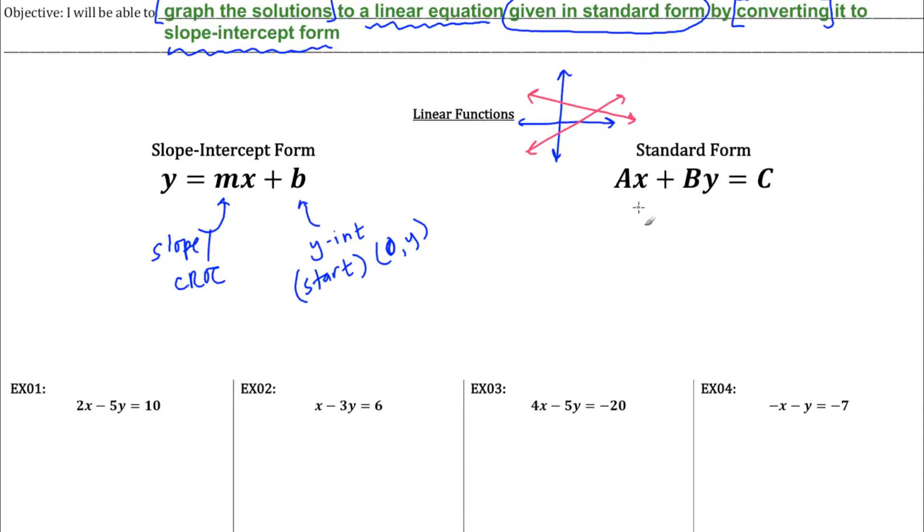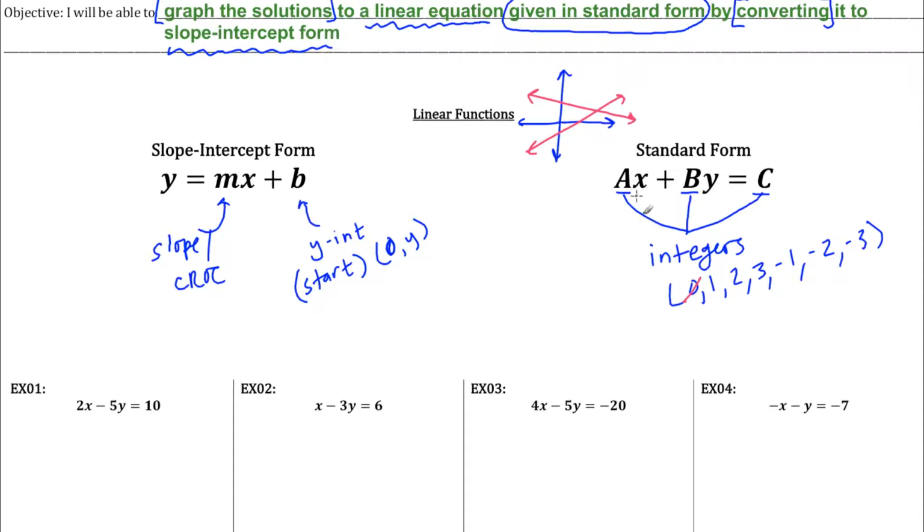These are all integers. Remember, integers are something like 0, 1, 2, 3, -1, -2, -3. I never really use 0 in here, so I should cross that out.